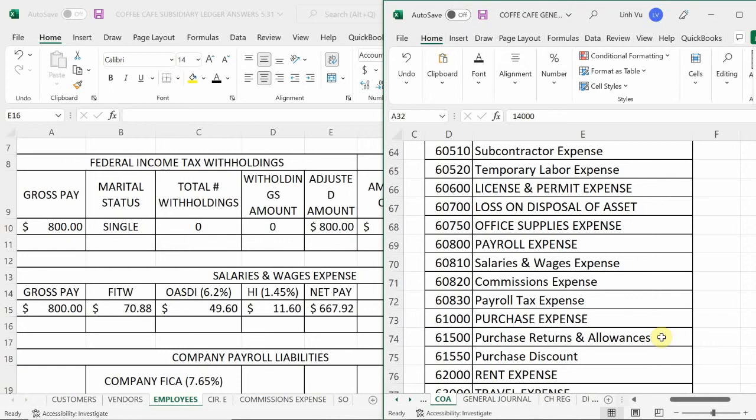Not net. No, that's the checking. The net after all the taxes is going to be checking. So the full gross amount is salaries and wages expense. Excellent.